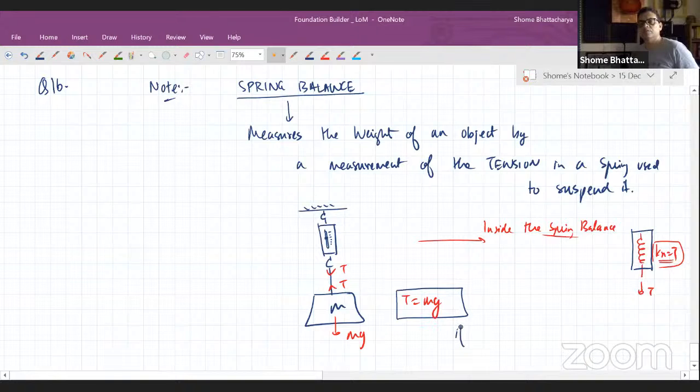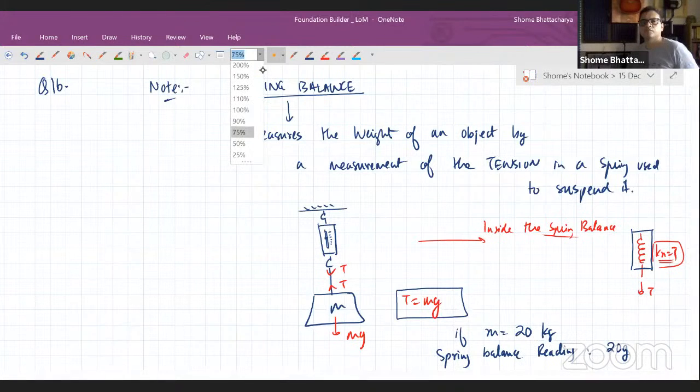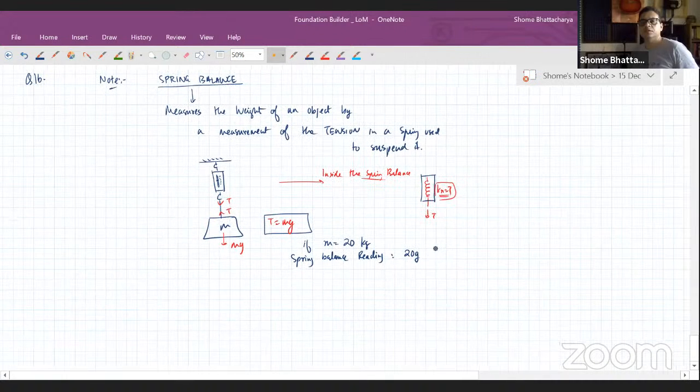Okay, so for example, if m is equal to 20 kg, the spring balance reading will be 20 g, because the tension within the spring will be equal to mg, which is 20 g.